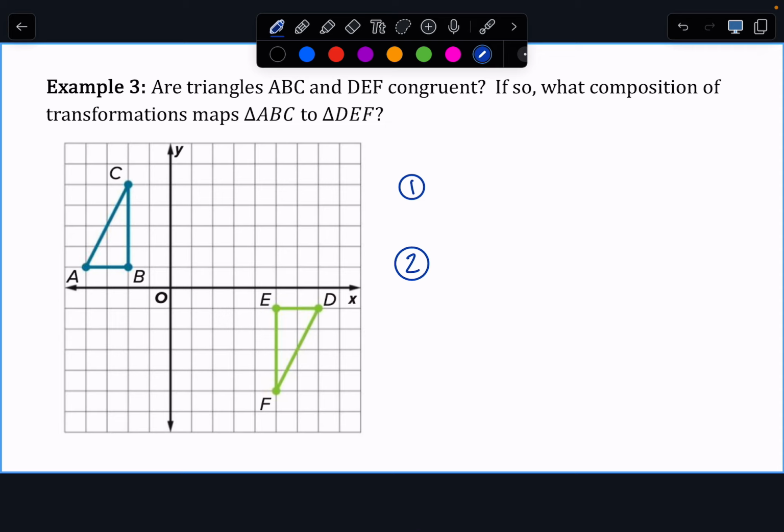Okay. Raise your hand if you think you have an idea. Excellent. Logan. You have to rotate it 180 degrees, and then the translation is 3, 0. Did anybody have a different plan?